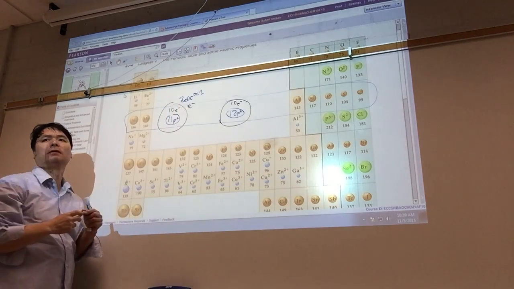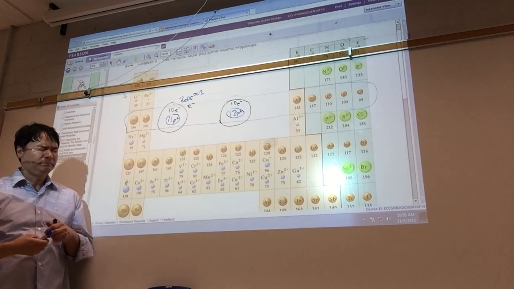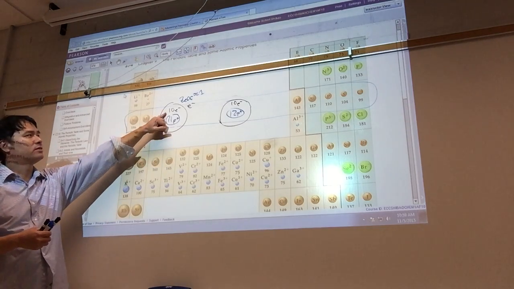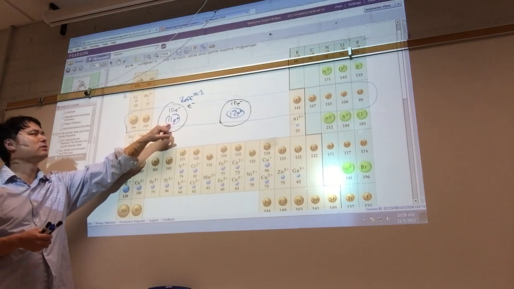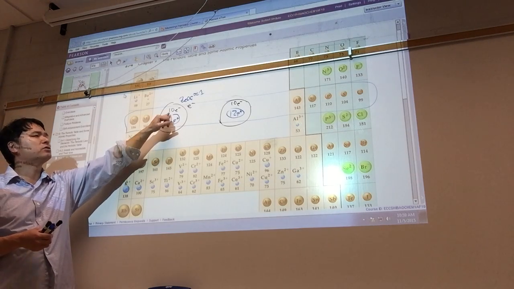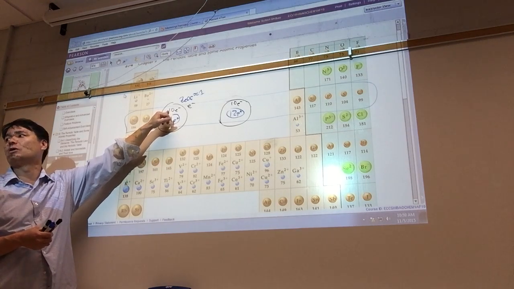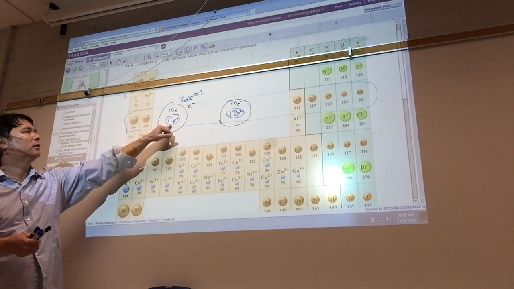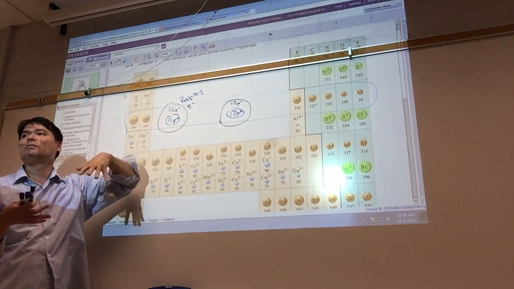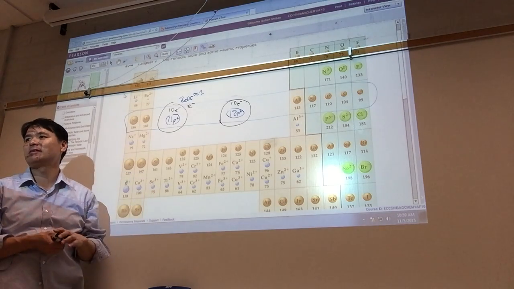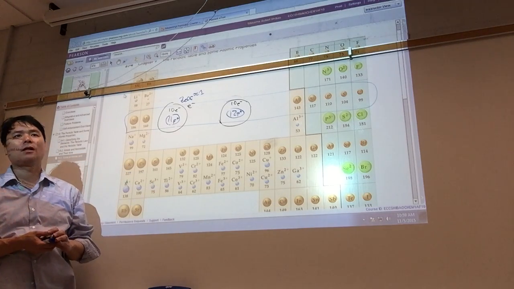In other words, the core electrons block out positive charges quite effectively. So out of the 11 positive charges, 10 of them will be blocked out by the core, leaving this electron to see a net 1 plus charge. Does that make sense?